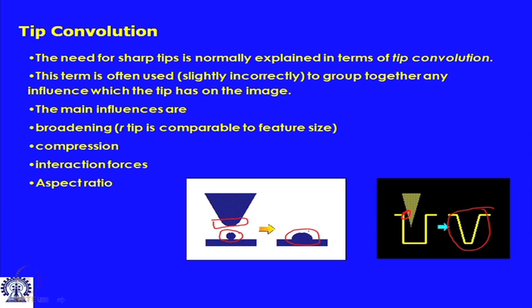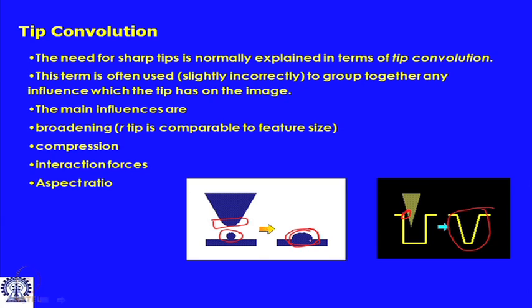But what you need to understand is that with a 20 nanometer tip you can't really scan a 5 nanometer feature. There are some complicated relations, I am not going into it, but what you will get will be much larger than that, and the artificial dimensions that come out will be to a large extent dependent on the geometry or the radius of curvature of the tip.